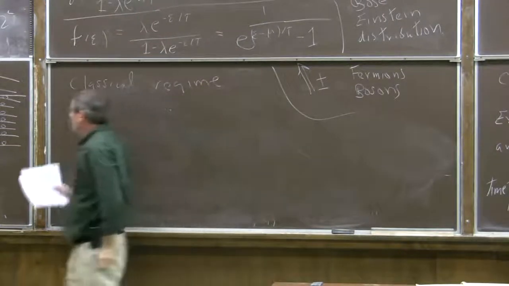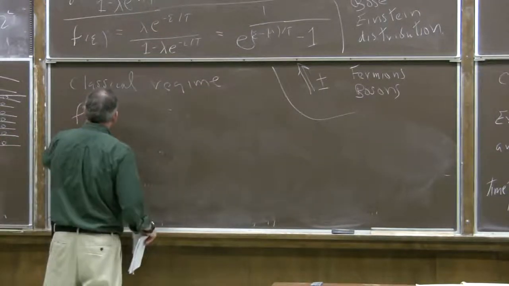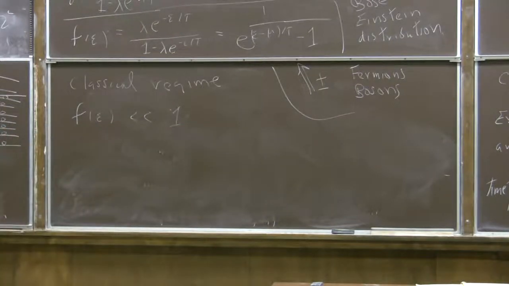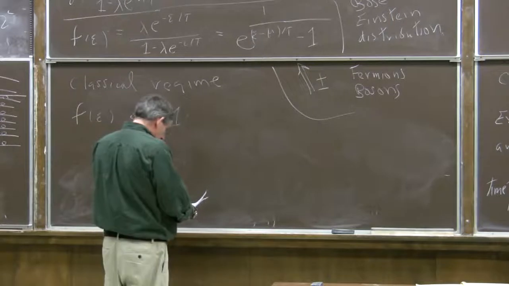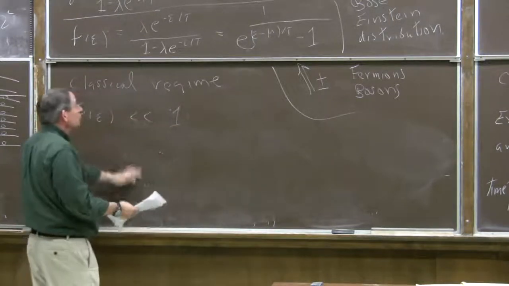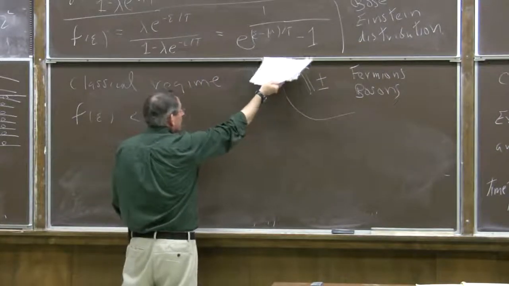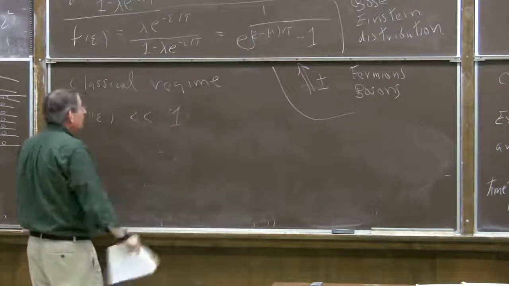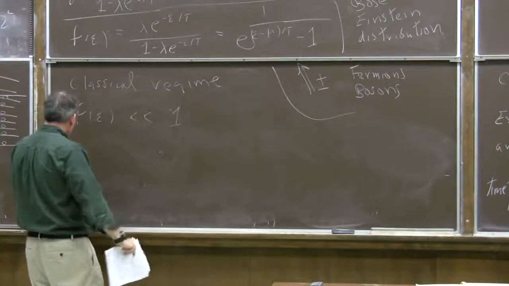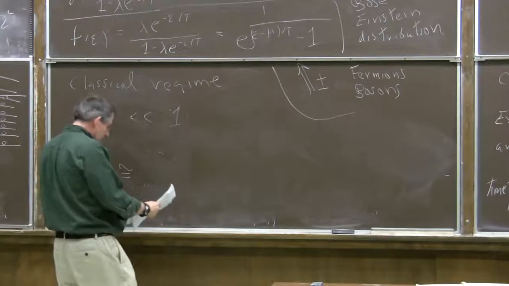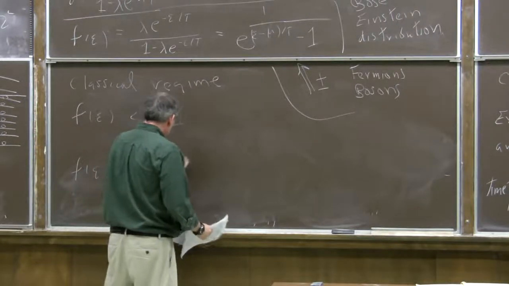And in the classical regime, where f of e is small, that's where the difference between fermions and bosons becomes invisible, because the two distribution functions look the same. The distribution function becomes dominated, like I said, by the exponential. Who cares about the plus or minus 1? So the distribution function can be approximated by e to the mu minus e over tau.